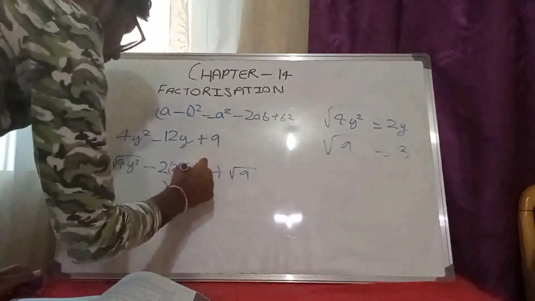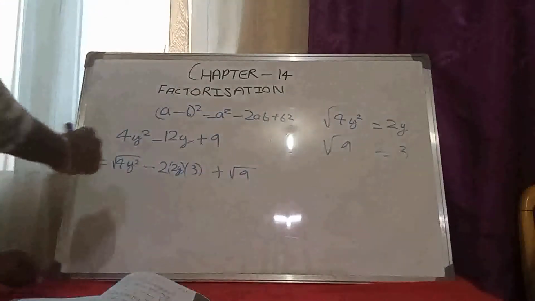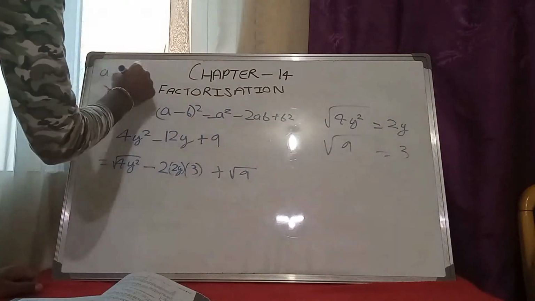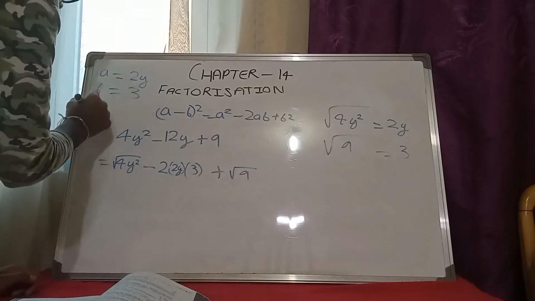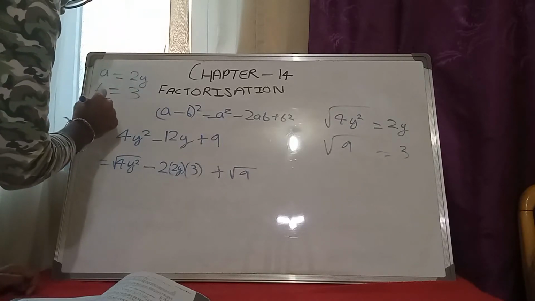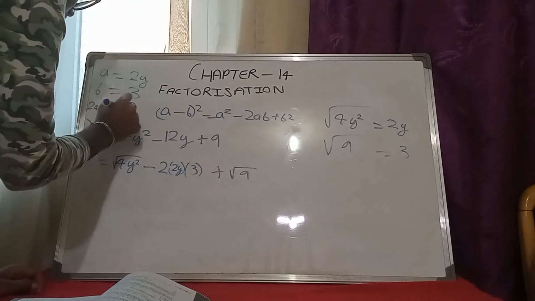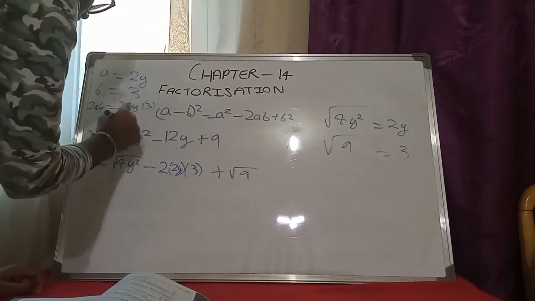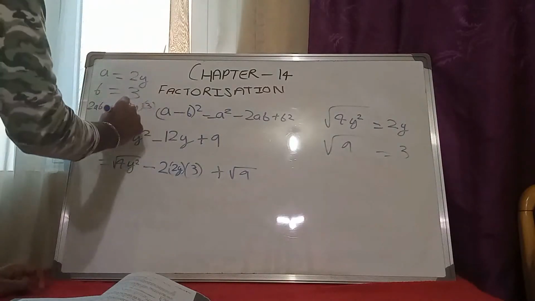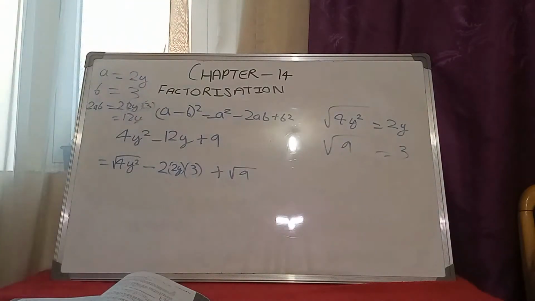So the second term, that is b, is 3. Now we get a equals 2y, b equals 3, and 2ab will be 2 into 2y into 3, that is 12y. So everything satisfies now.